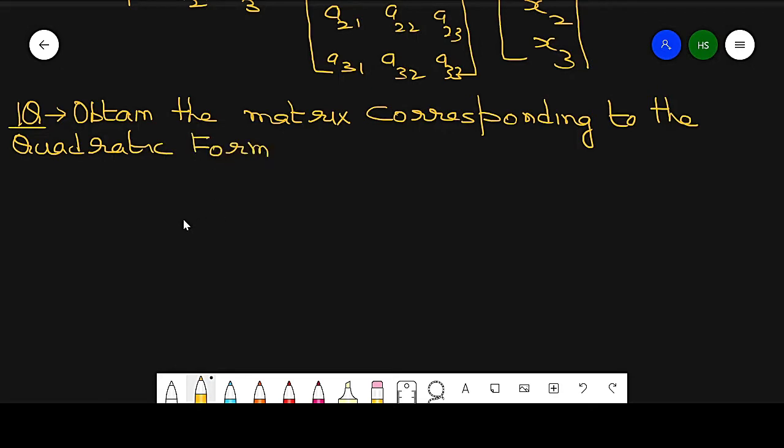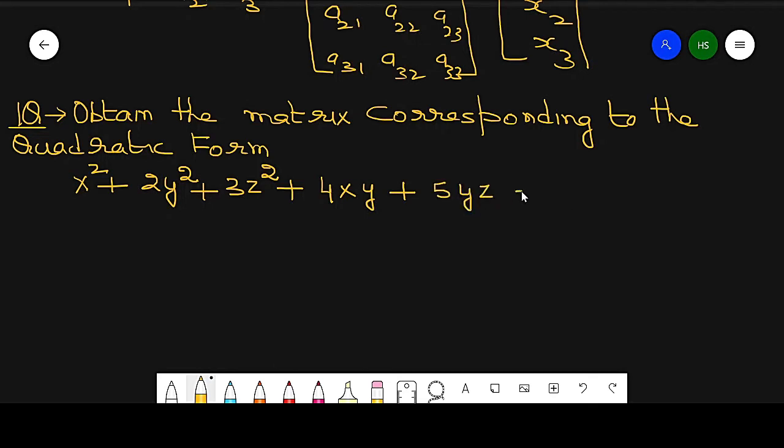So what is the quadratic form? It is x square plus 2y square plus 3z square plus 4xy plus 5yz plus 6zx.